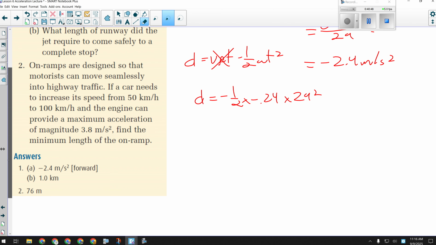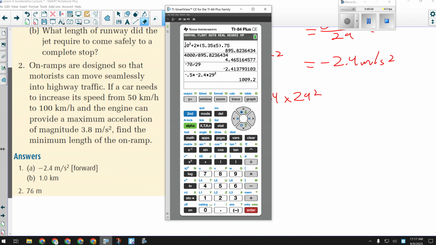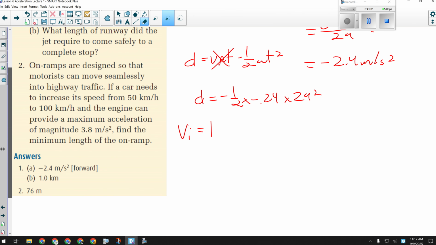Okay, so we want to increase our speed from 50 kilometers per hour. That'll be vi, but obviously we have to put that into meters per second. So 50 divided by 3.6, 13.8.